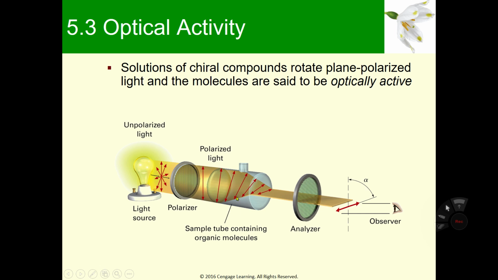If you don't see any optical activity, that means your sample is not chiral. So measuring optical activity is a very easy and very good way to tell whether your molecule is chiral. In other words, it is a good way to tell whether your molecule has an enantiomer or not.